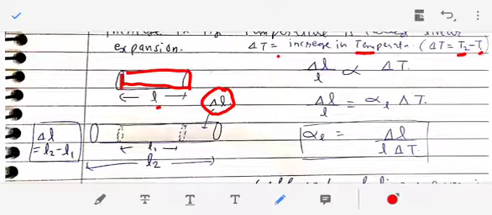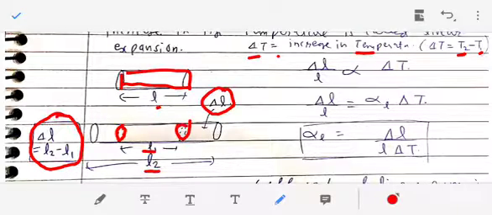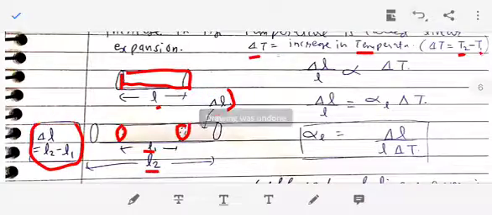For example, if previously its length was L1, then we heated it up and the temperature changed by delta T. Due to that, its length also increases. Now the new length becomes L2. So L2 minus L1 is equal to delta L, which is the change in length of the rod.